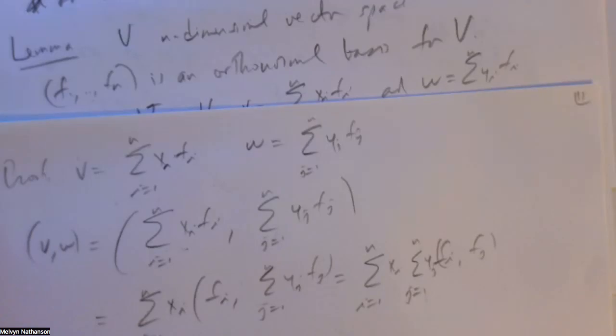So I have a double sum, i goes from 1 up to n, j goes from 1 up to n, xi, yj, the inner product of fi and fj.